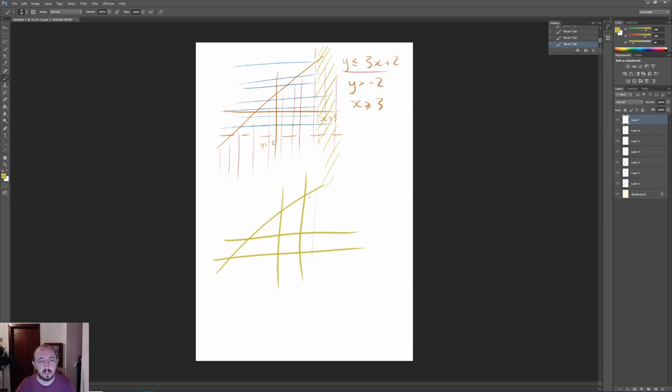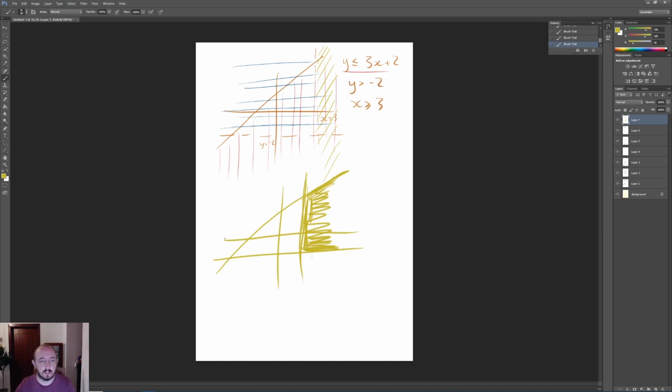We've got to be underneath this line, to the right of this line, and above this line. So we're looking at this region here. Okay, underneath the diagonal line, to the right of the vertical line, and above this horizontal line.